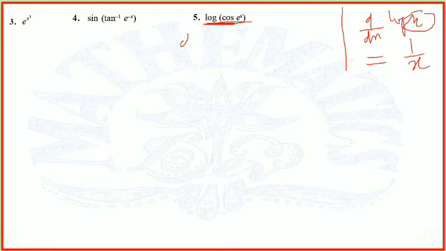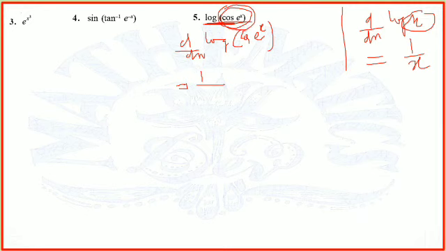So the derivative of log cos e^x: this is log, so the whole thing goes into the denominator. So the derivative of log is 1 upon whatever is written here, cos e^x.